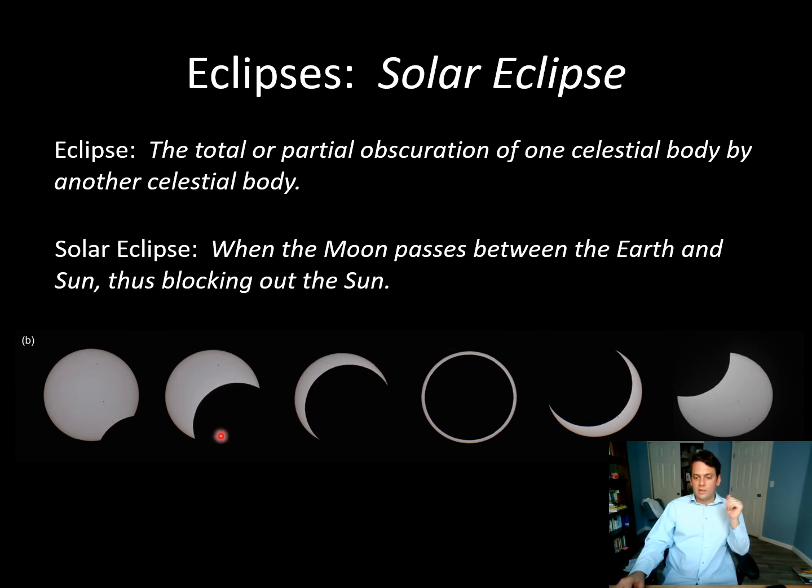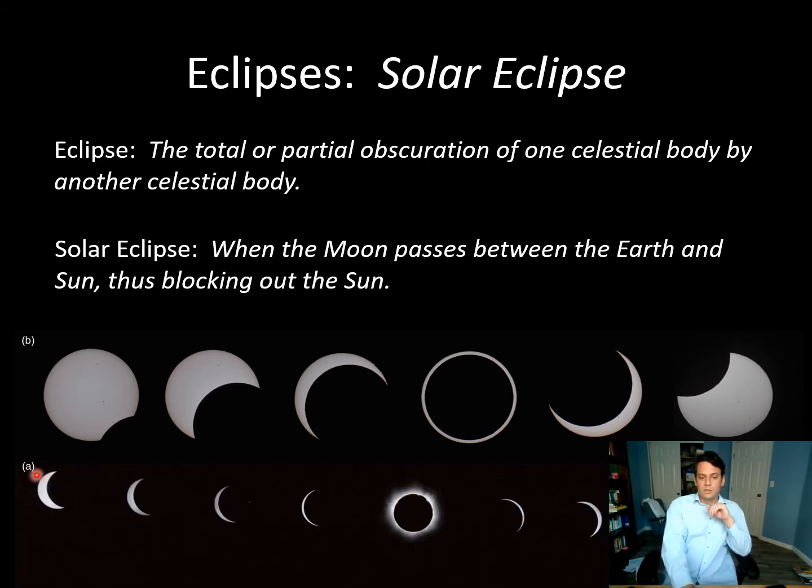So this is what a total solar eclipse would look like from Earth. Again, I mentioned this is called an annular eclipse in this case.